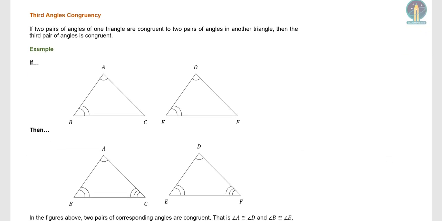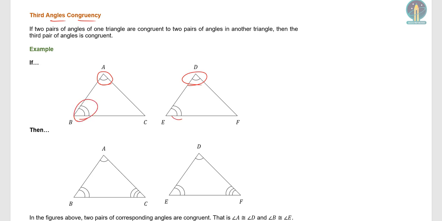Let's look at this additional idea of third angles congruency. So if two pairs of angles of one triangle are congruent to two pairs of angles in another triangle, then the third pair of angles is congruent. Here's an example. So we have these two triangles, right? ABC and DEF. So clearly we can see that angle A here, single arc, is congruent to angle D, single arc.